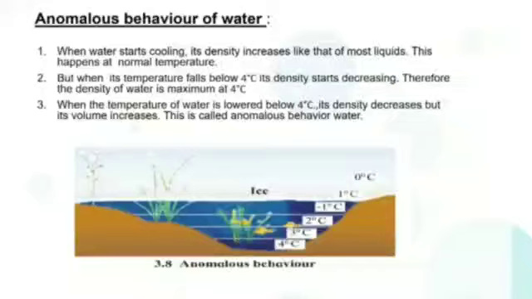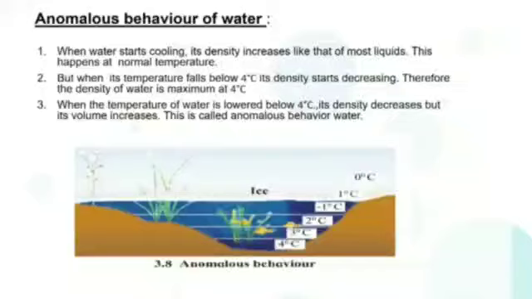To understand this better, let's perform the activity. Keep a glass full of water in the freezer for 5 to 10 minutes. Now take it and observe it carefully. The density of water is peculiar. When water at normal temperature starts cooling, its density increases like that of most liquids.